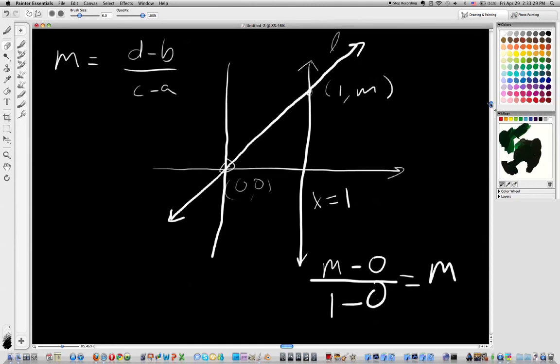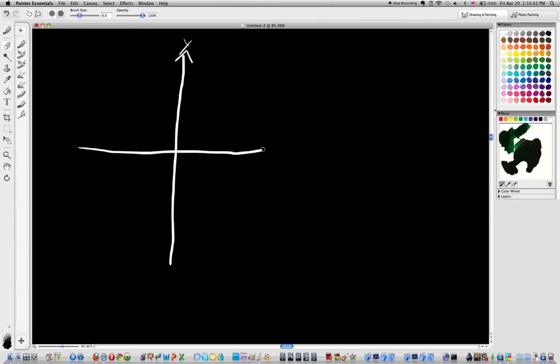So basically, the slope equals m. Now let's consider this picture here. Draw our Cartesian plane with the line x equals 1 again.